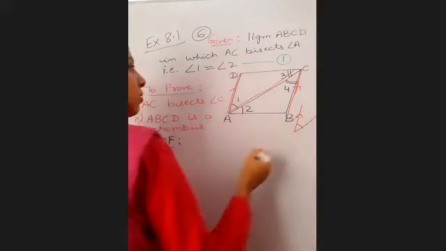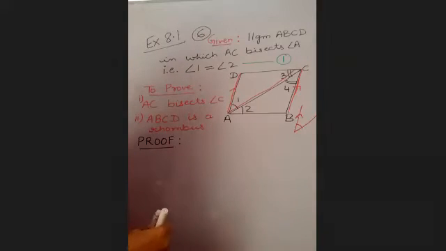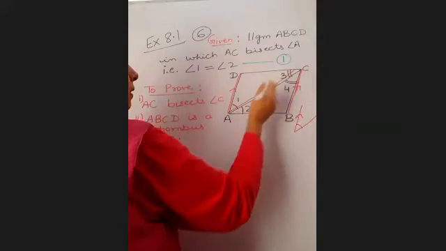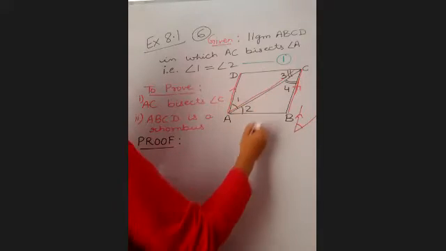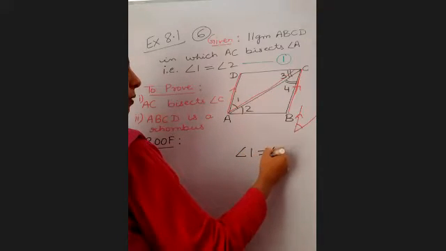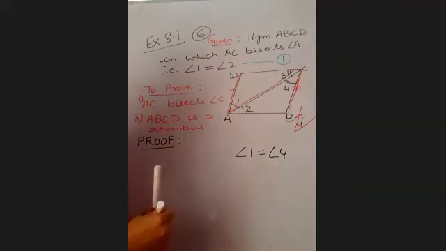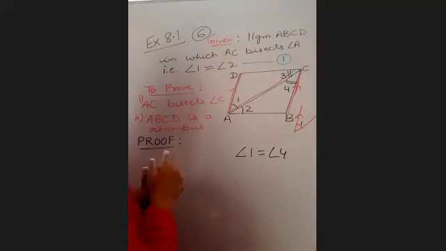So what do we get, children? Ma'am, angle 1 is equal to angle 4. Angle 1 is equal to angle 4. Are you with me? These I have marked in red.